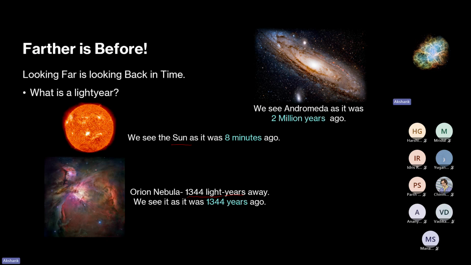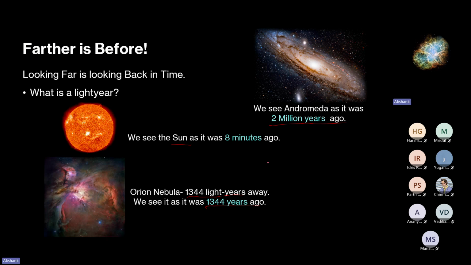The light emitted that we see today on Earth was emitted this many years ago. The same is true for Andromeda: the light we see was emitted 2 million years ago. So looking far is also looking back.